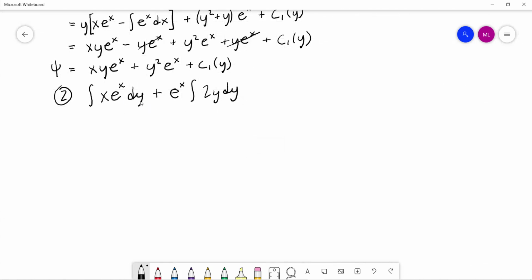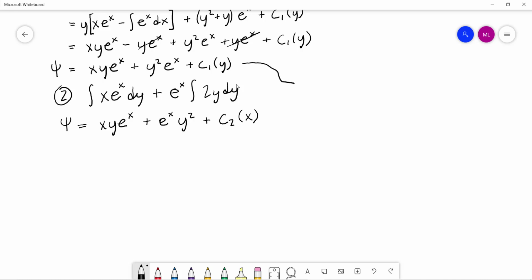Well, as far as y is concerned, this is just a constant, so I'm just going to get xy e to the x, right? dy integrates to a y. And then over here, I'll have e to the x. What's the integral of 2y? That's y squared. So plus e to the x times y squared, plus something that could potentially be a function of x.